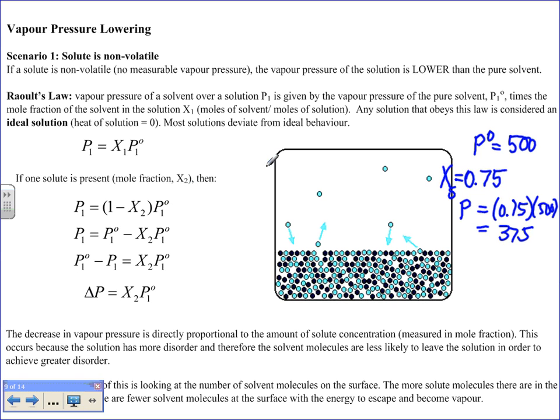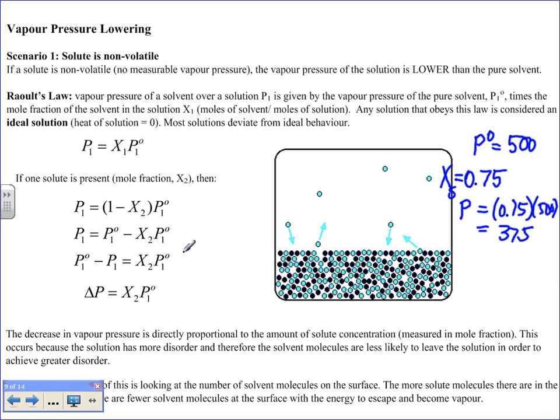Okay, so in my scenario over here, where I've got a mole fraction of solvent of 0.75, that's going to give me a mole fraction of my solute of 0.25. Okay, so if I take this, the mole fraction of the solvent is 1 minus the mole fraction of the solute.